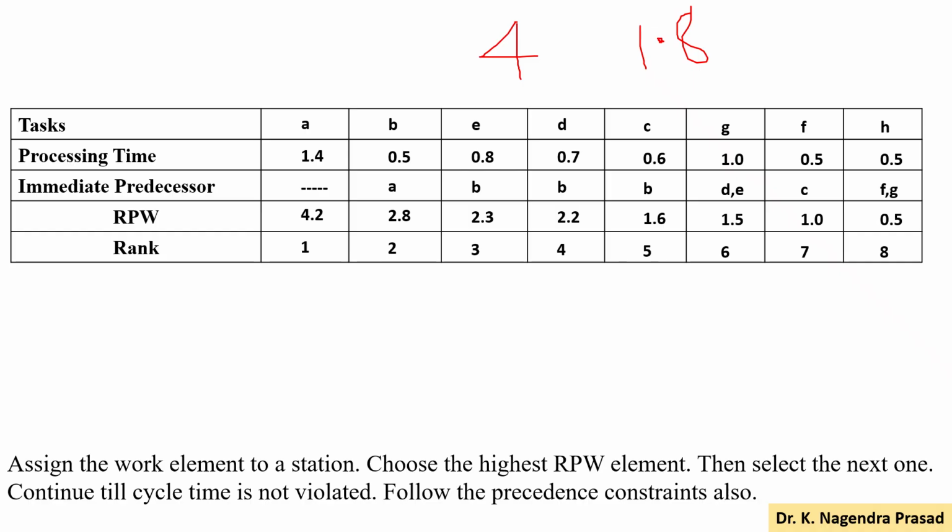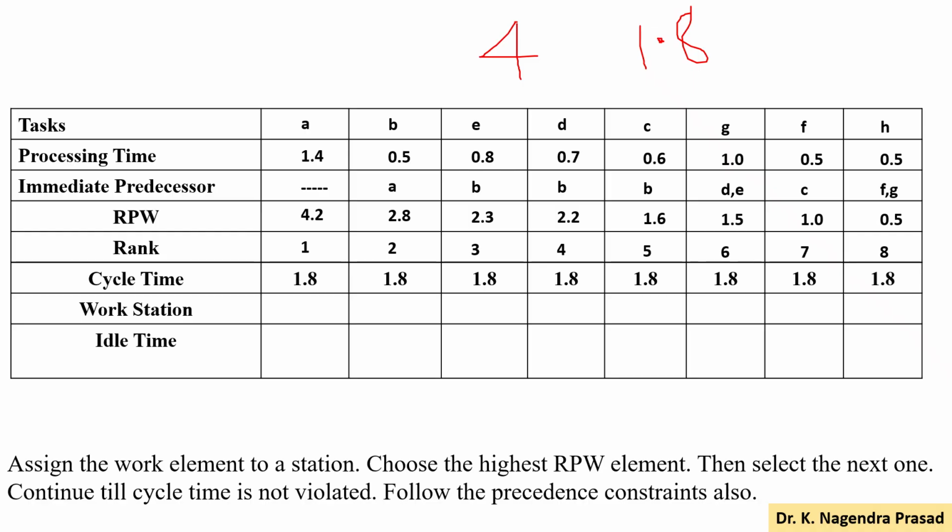For this, draw another row. The first row consists of the cycle time. We know the cycle time is 1.8, and next one is the workstation.